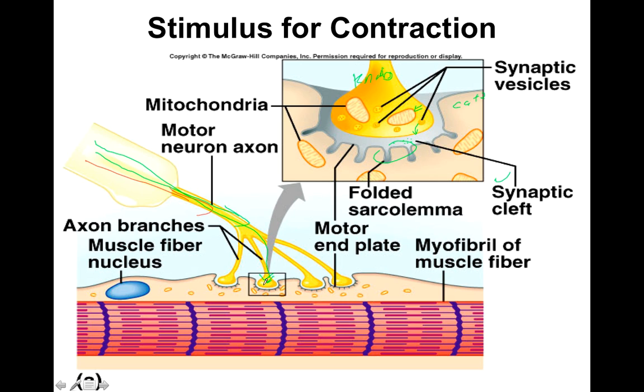The presence of the calcium causes vesicles containing neurotransmitters to fuse with the end of the synaptic knob. The synaptic vesicles release the neurotransmitter into the synaptic cleft. That flows over the synaptic cleft and binds to receptors on the motor end plate. Okay, and we'll pick it up from there when we get to the muscle contraction part.